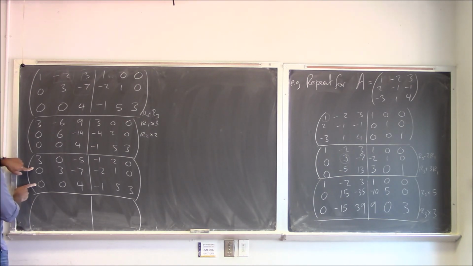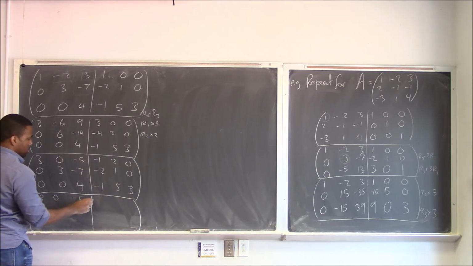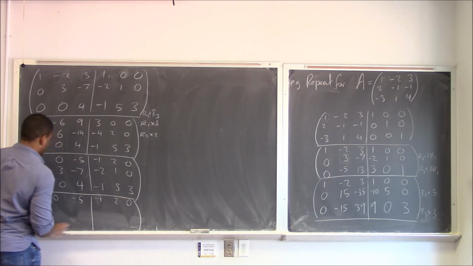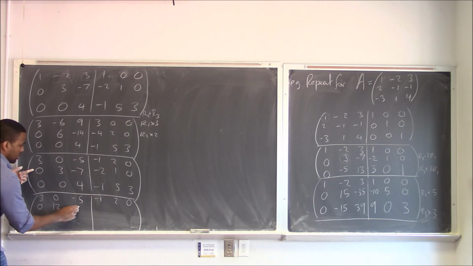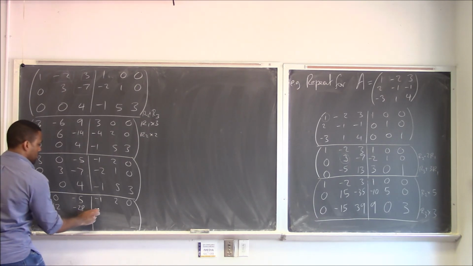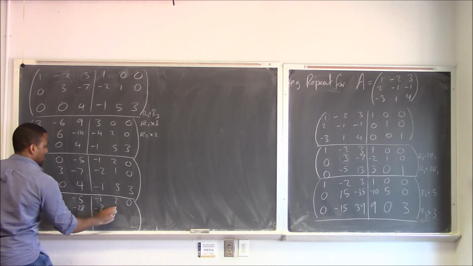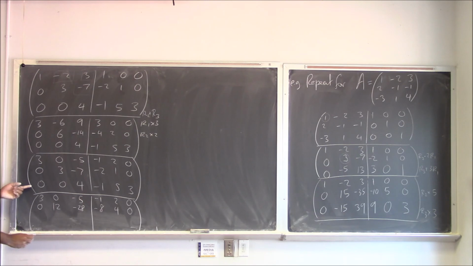So what can I do here? Let's leave this as 0, minus 5 for the moment. How about multiply this by 4, multiply that by 7. 4 times 7 is 28. This by 7.